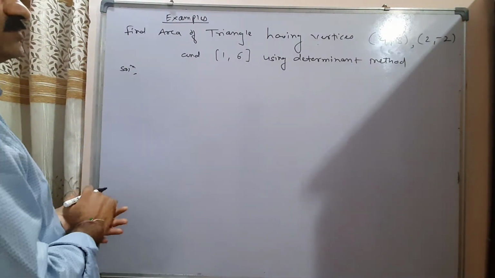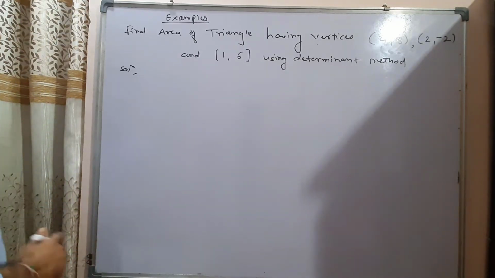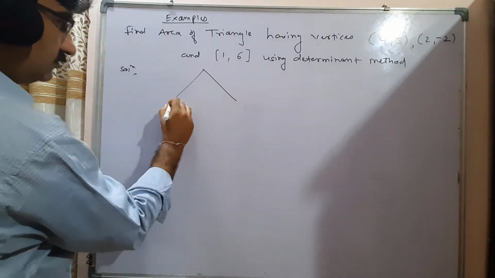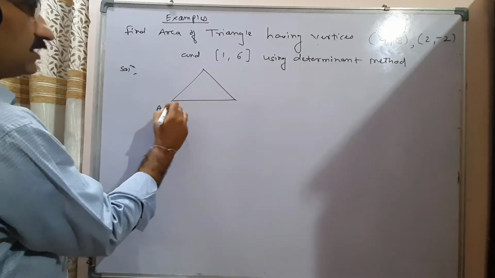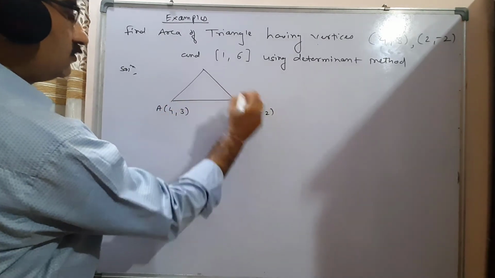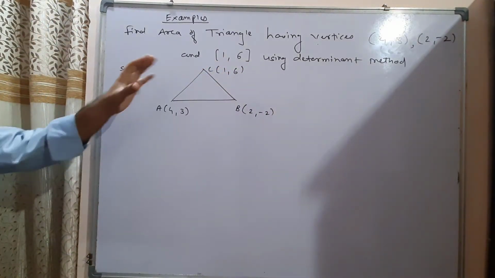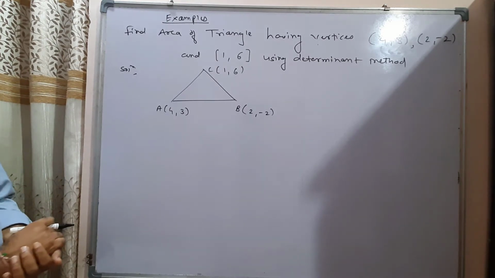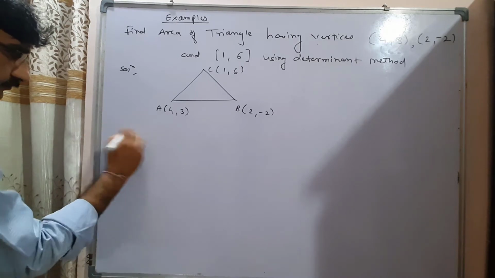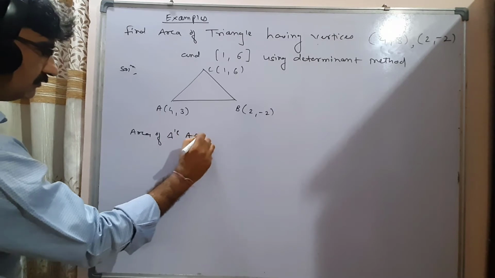Now here we have to find out the area of this triangle by using determinant method. Now here we draw the diagram. Suppose A 4 3, B 2 comma minus 2, C 1 comma 6. Now here the formula: area of triangle ABC.